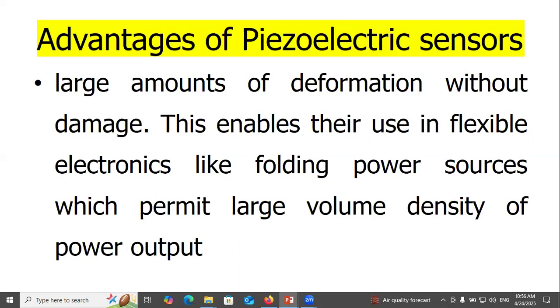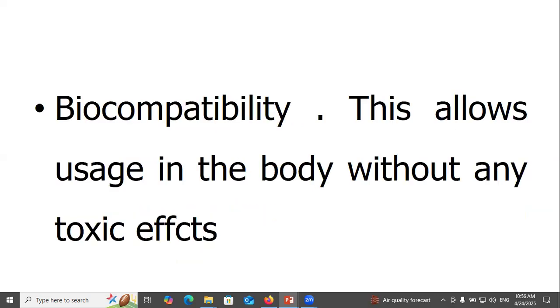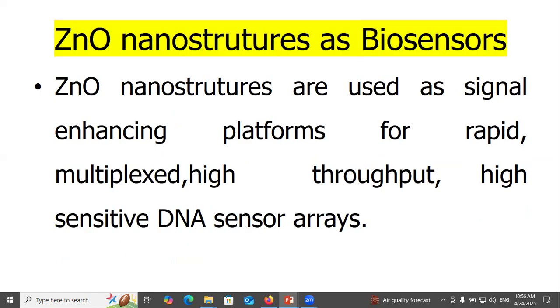Advantages of piezoelectric sensors: a large amount of deformation without damage. This enables their use in flexible electronics like folding power sources, which permit large volume density of power output. Biocompatibility: this allows usage in the body without any toxic effects.